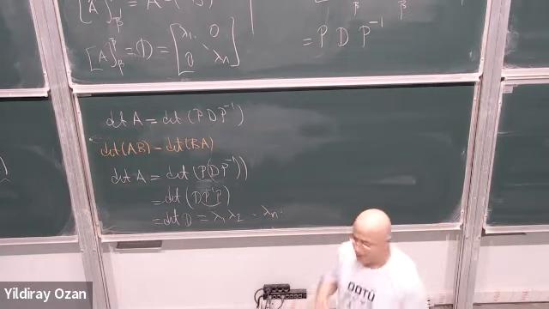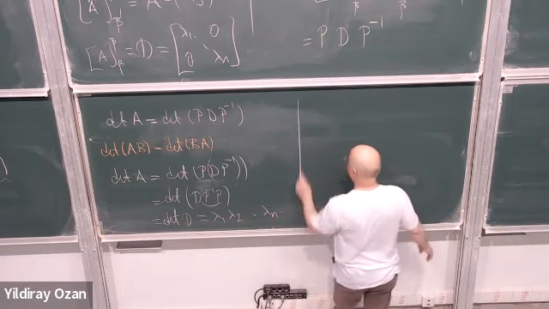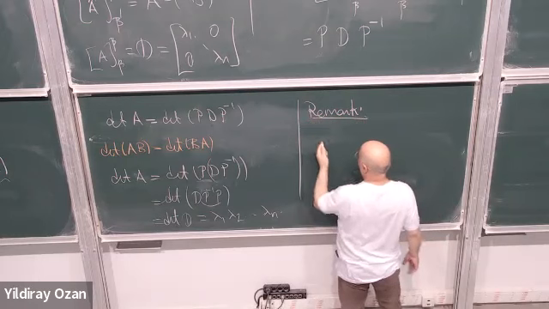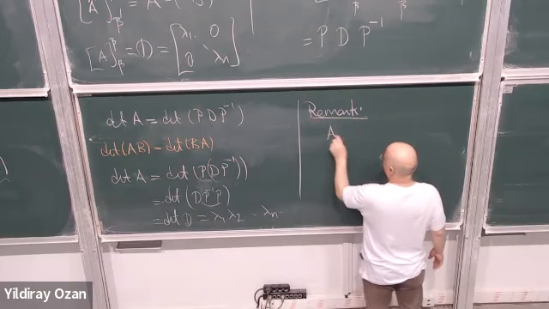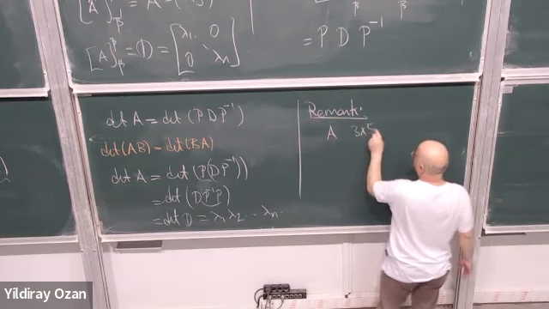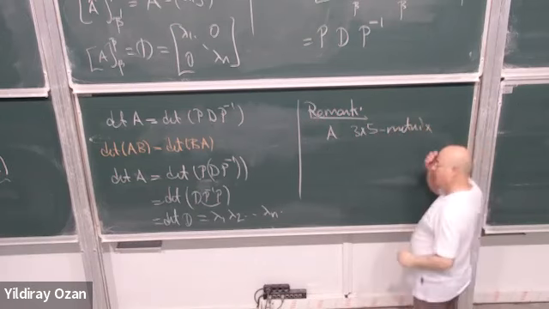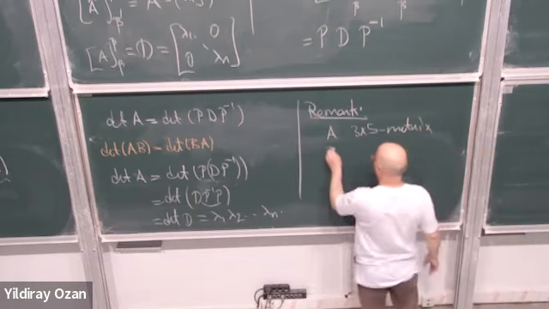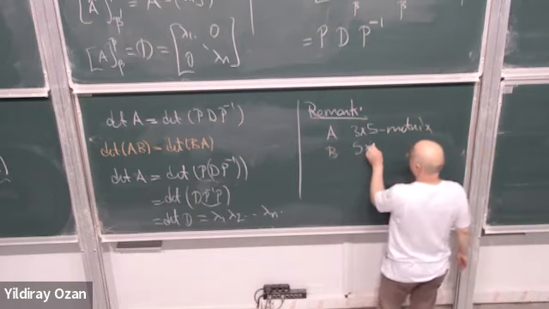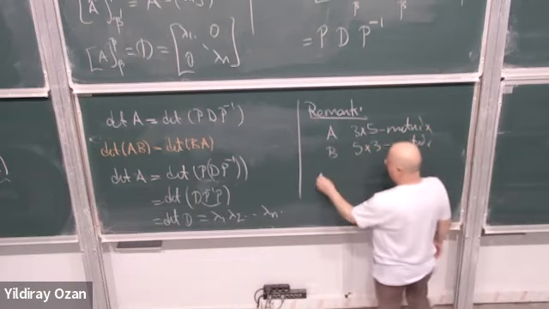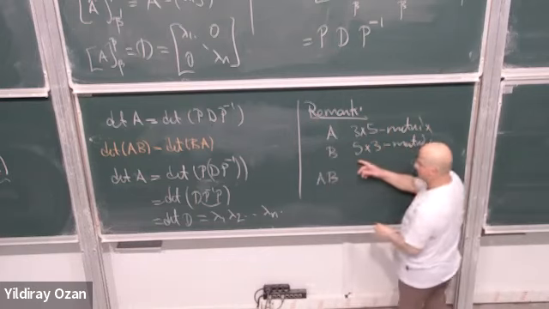So your friend asked the following remark. Suppose A is, let's say, a 3 by 5 matrix, and B is a 5 by 3 matrix. So A times B is what?